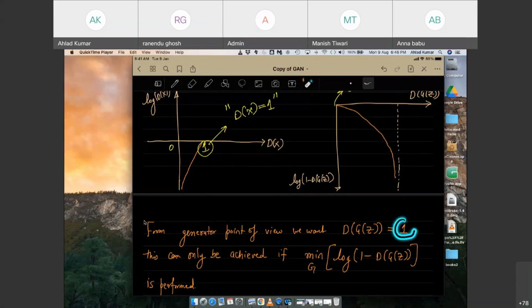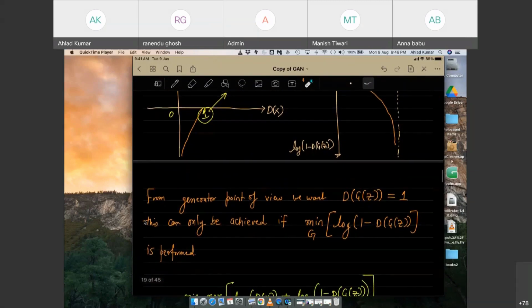That's why we are writing it as 1 here. The main objective of the generator is to create an image G of z in such a way that when you operate D on that image, it should fail and give a value of 1 instead of 0. So again, our objective is to make this 1.